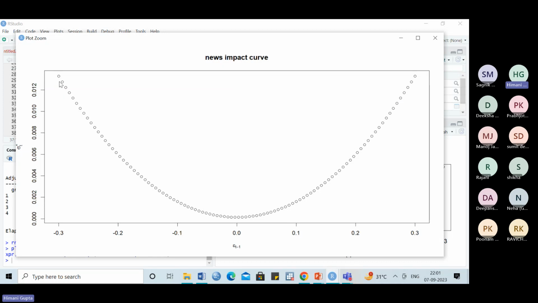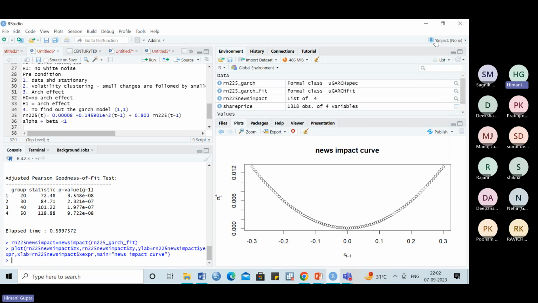So if some negative news is there, prices are decreasing by whatever percentage, and by the same percentage, if good news is there, the prices are increasing. So that means this is a completely symmetric diagram. So S-GARCH is a symmetric model.